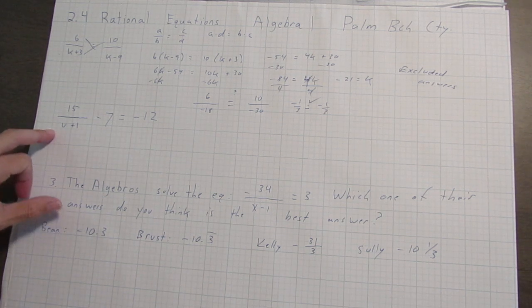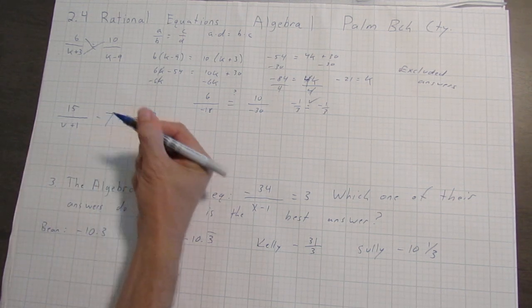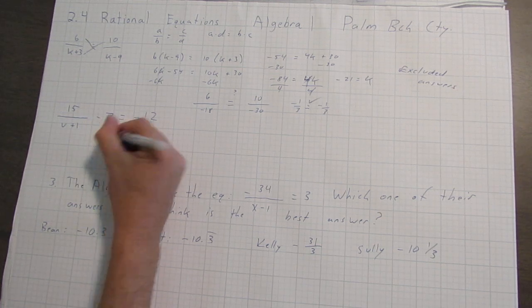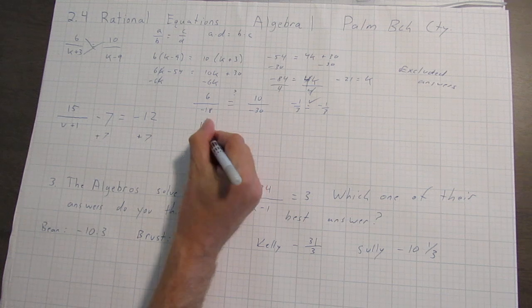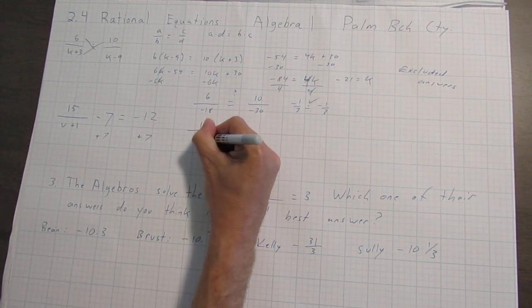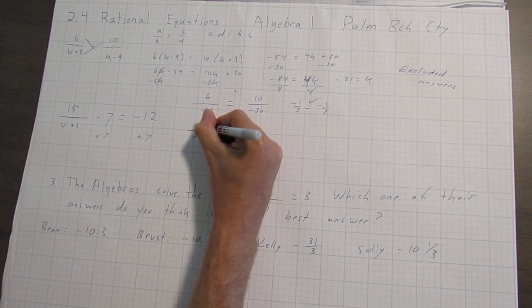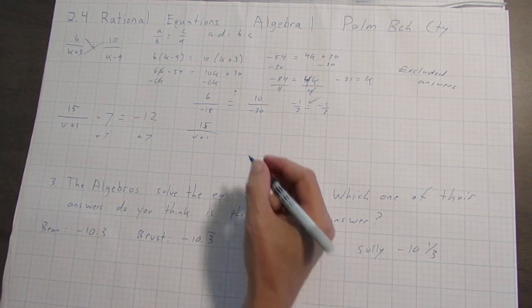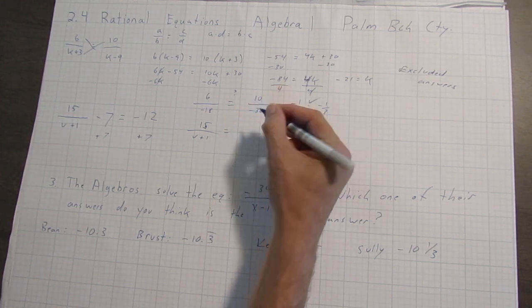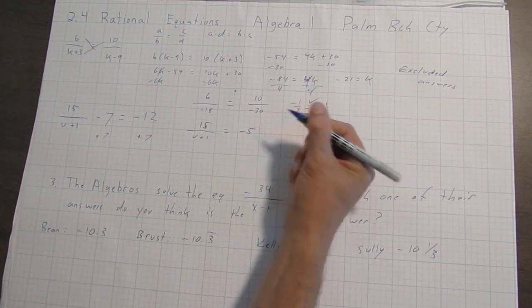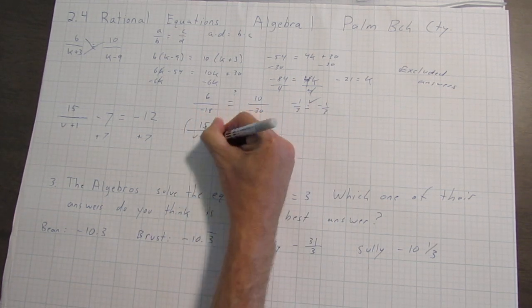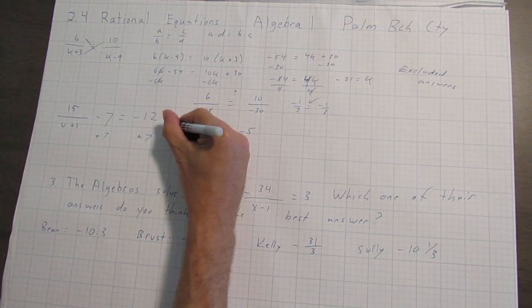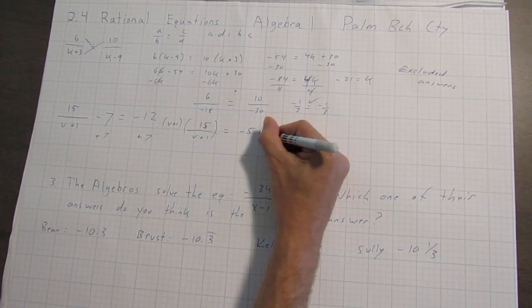Okay, so for this one we're going to go ahead and add our 7 to both sides, and I will get 15 over v plus 1 equals negative 5. So the easiest way to solve this is to multiply both sides by the denominator v plus 1.